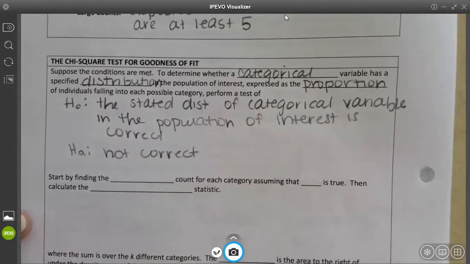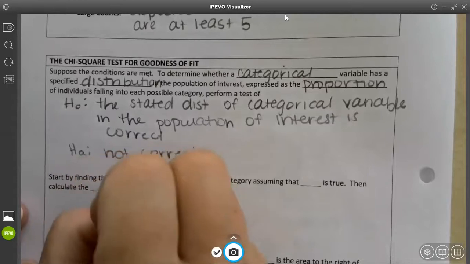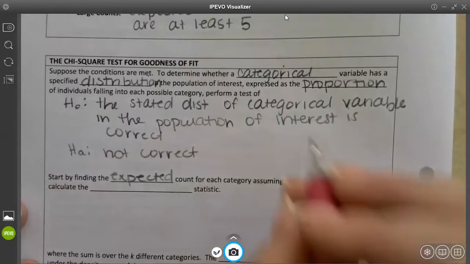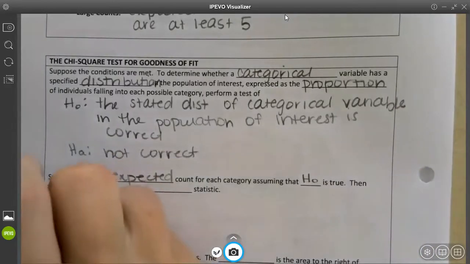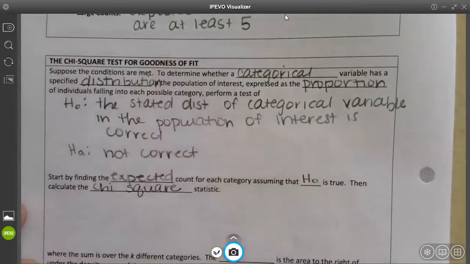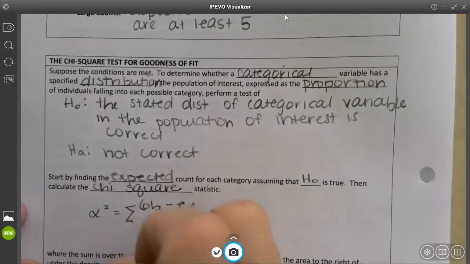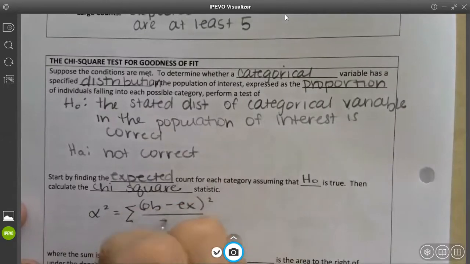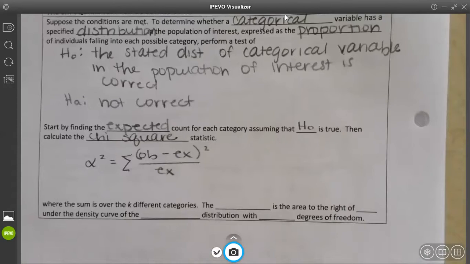So remember, the way that we do that is start by finding the expected count for each of the categories, assuming that H sub O is true. Then calculate the chi-square. Remember, that's the sum of the observed minus the expected squared over the expected, where the sum is over the k different categories.